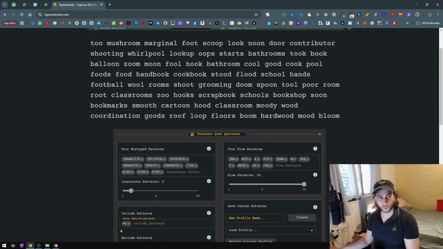So there's more weight on it, and therefore many of the words, not all of them, have double O in them. That doesn't mean that these patterns are being ignored. The words here are a combination of these patterns and the user pattern, only that this one has more weight.